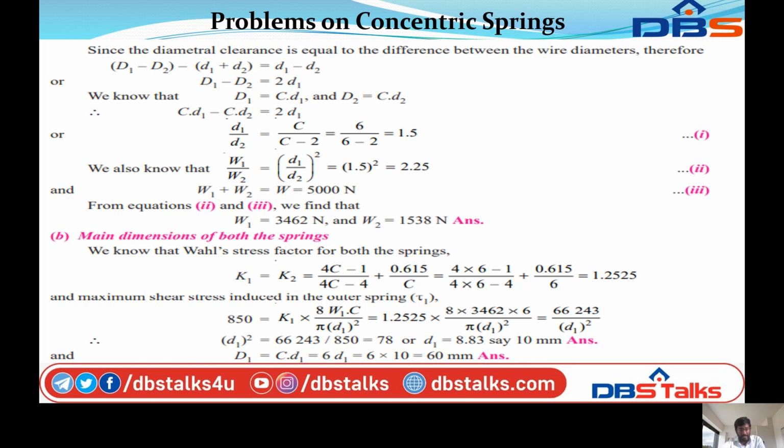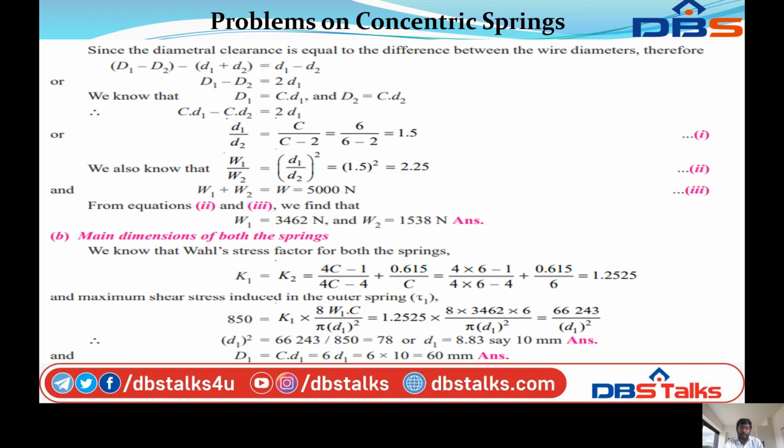So next we can calculate the main dimensions of both the springs. We know that Wahl's stress factor for both the springs, K1 is equal to K2 is equal to (4C minus 1) by (4C minus 4) plus 0.615 by C, that is equal to (4 into 6 minus 1) by (4 into 6 minus 4) plus 0.615 by 6, that is equal to 1.2525.